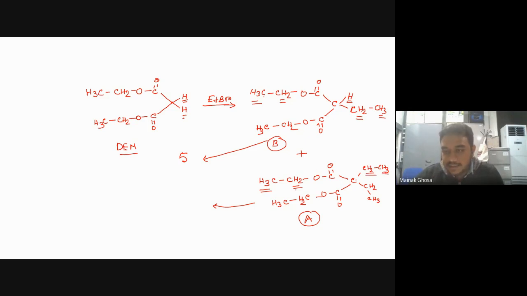So you expect 4 signals here. Just looking at this NMR data, you clearly count how many different hydrogens there are. In compound A there are 4 different hydrogens, but in compound B there are 5 different hydrogens, which indicates that A is the disubstituted one and B is the monosubstituted one.